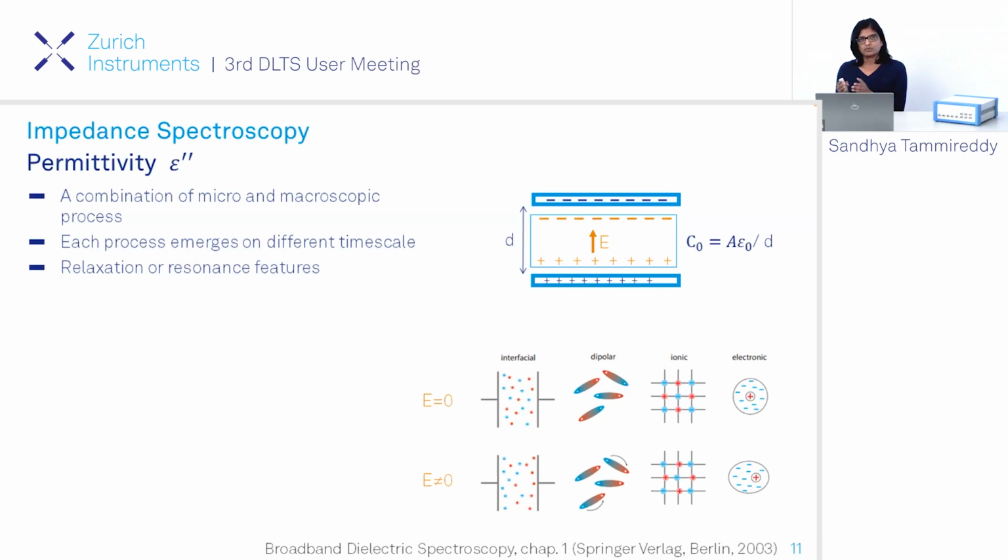Each of these processes has its own timescale, and by measuring permittivity as a function of frequency, you can understand which process belongs to which type of polarization. Also, on the right side, you see ionic and electronic features. These are the resonance features, and interfacial and dipolar processes are normally the relaxation features.